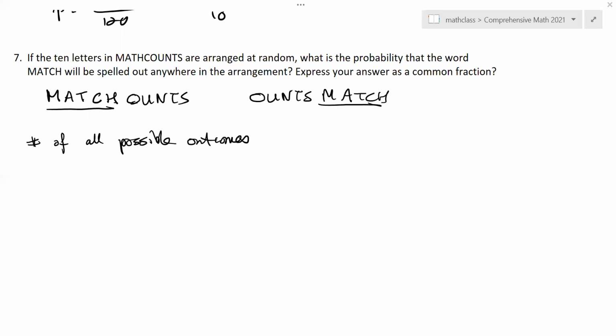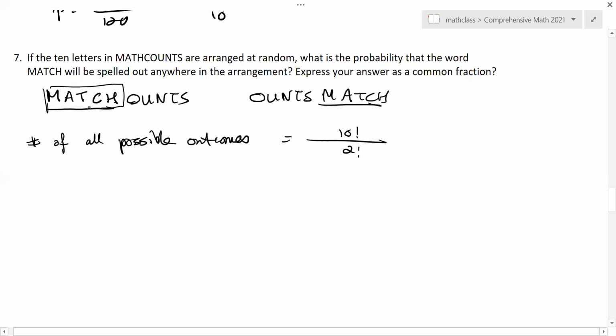How many letters are there? 10 letters. How many letters are identical? I think that's 2 T's identical. So that will be 10 factorial over 2 factorial.